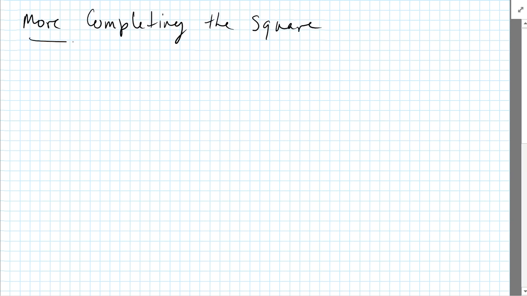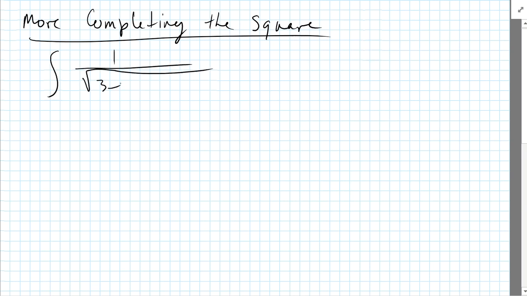Okay, for my next trick, we're going to do the integral of 1 over the square root of 3 plus 2x minus x squared dx. And I'm going to give you another hint. When there's no radical, it should be inverse tangent, and for it to be inverse tangent, it has to be u squared plus a squared.